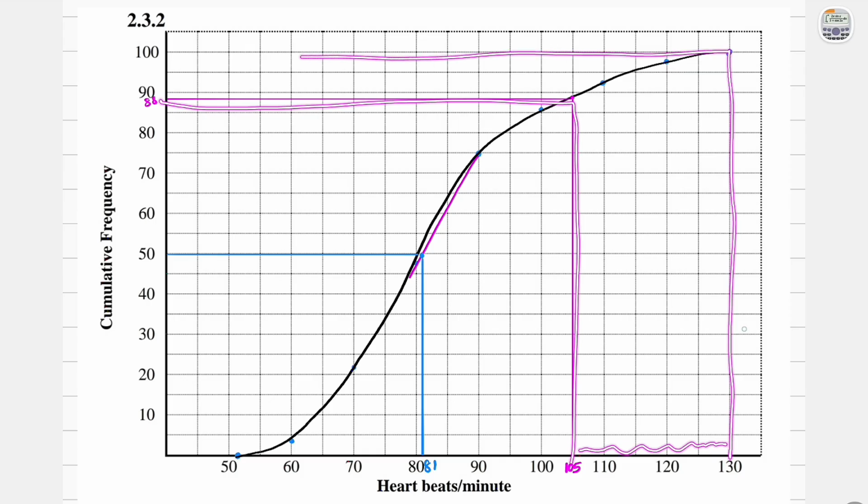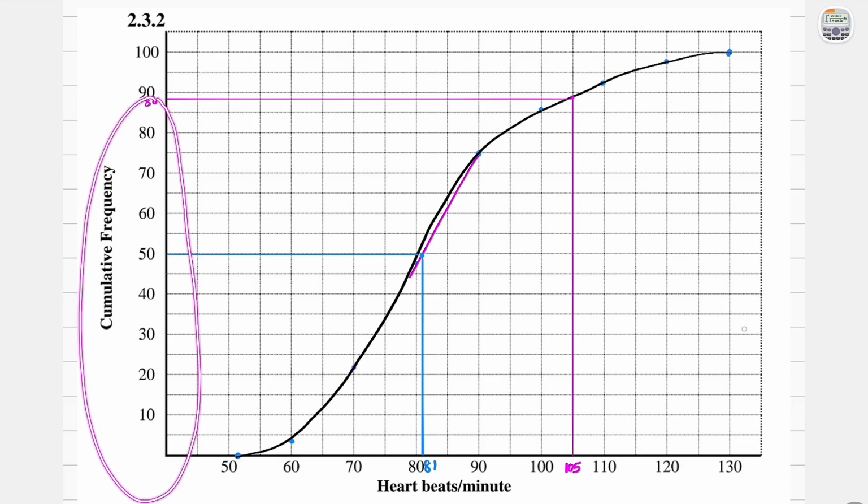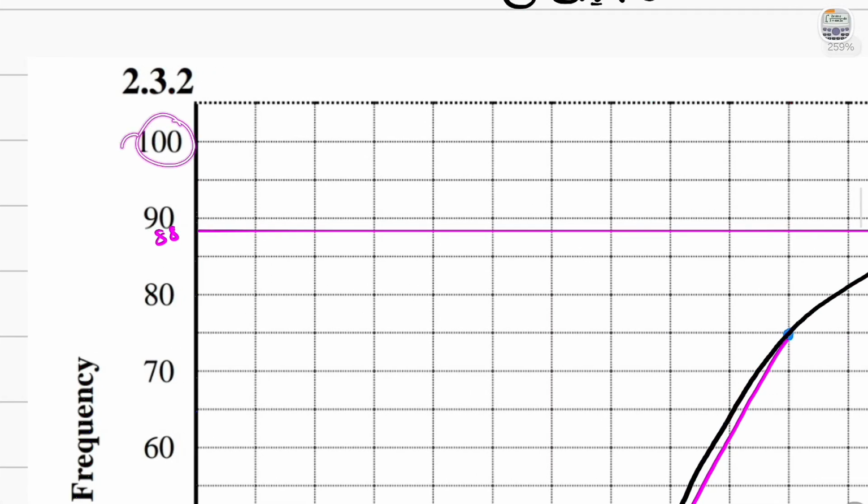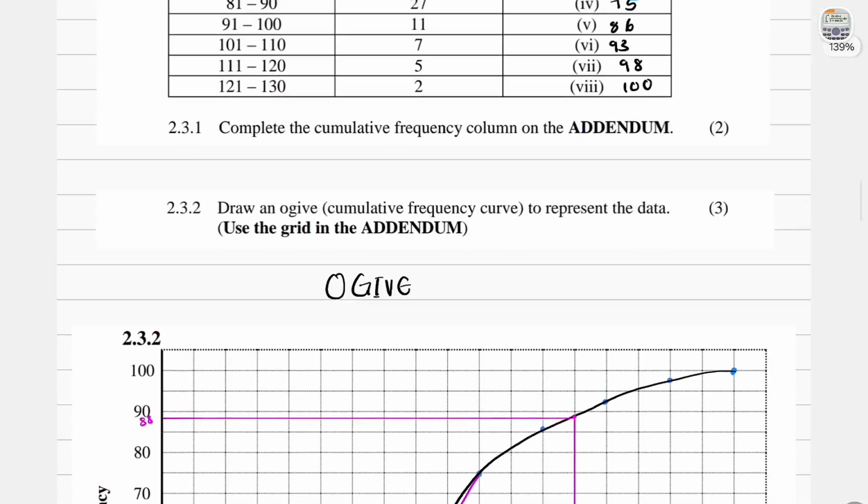And then if you went to the left, you can see that there are a total of 100 people in total. So looking at this, that would be everybody who had a heartbeat of less than 105, and above this would be people who had a heartbeat of more than. So to find those people, you say 100 minus the 88 people, and then that would be it.